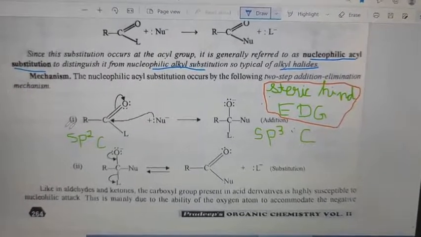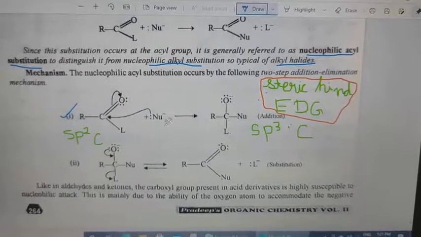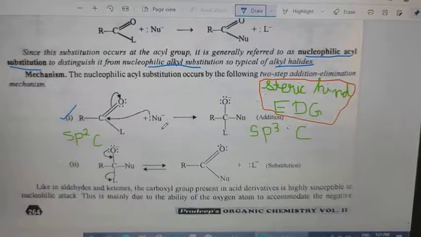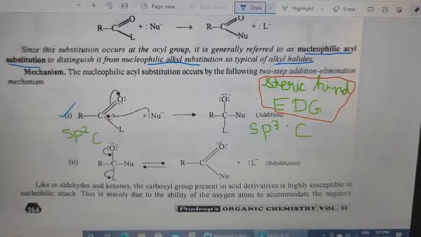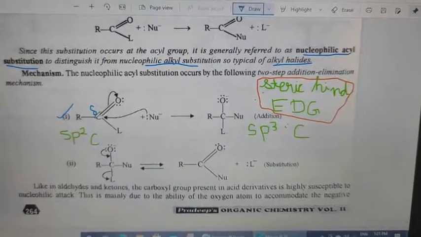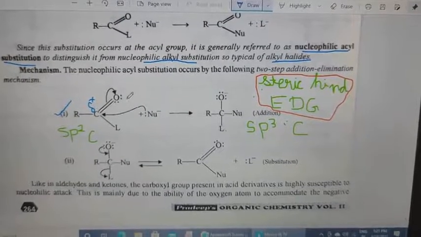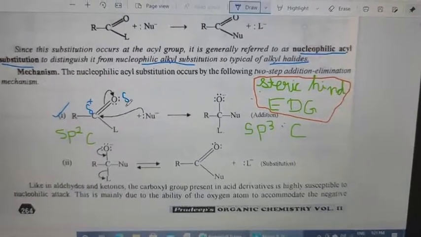In the first step, the nucleophile, which is rich in electrons and has a lone pair, attacks the carbonyl carbon because this carbon has a delta positive charge as it is attached to the more electronegative oxygen atom.